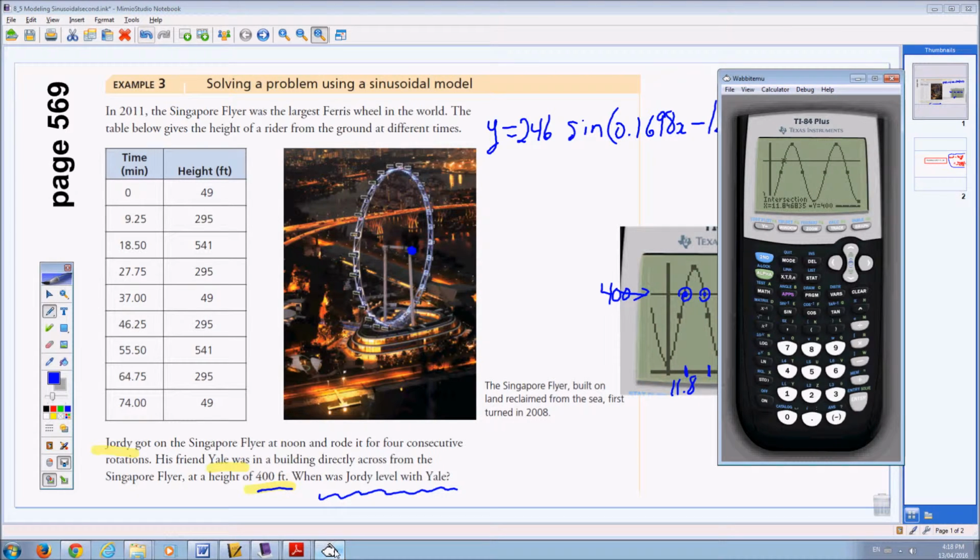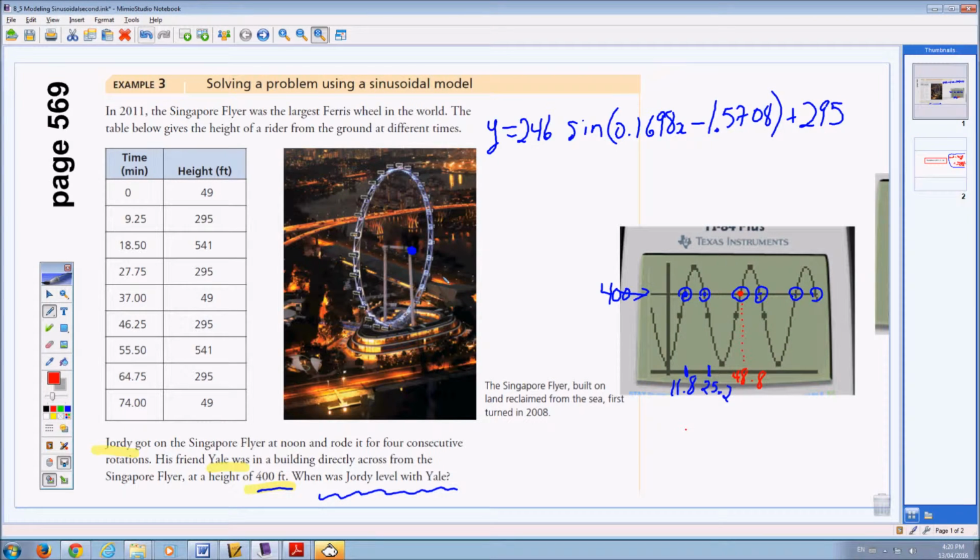Bringing back the calculator, I'm going to repeat that process for the next 2 points of intersection. I'll pause while I do that. So here I have my drawing again with 3 values in. So you can see in addition to the 11.8, I now have 25.2 and 48.8.